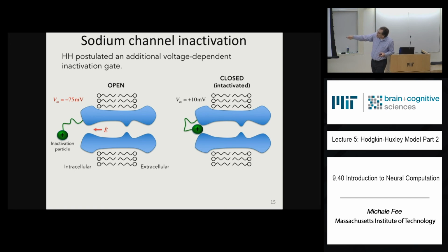But when you hyperpolarize the cell again, that electric field turns back on, and what is it going to do? It pushes the particle back out to the other state, to the open state. Any other questions?